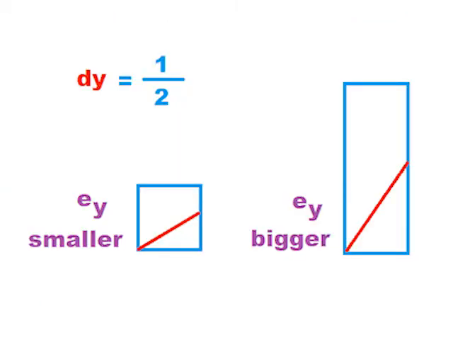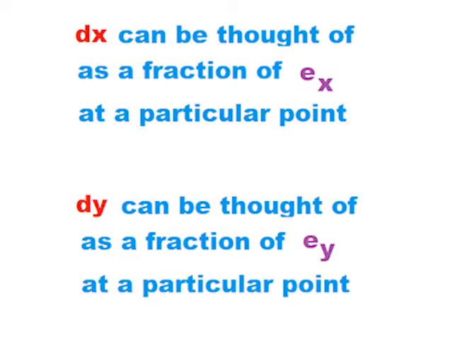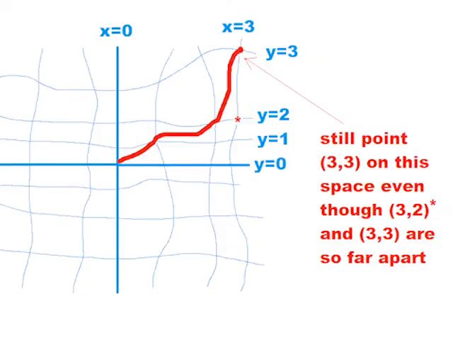So when the same dy happens across a longer space, it covers a longer distance as well. dy can be thought of as a fraction of ey at a particular point, and the same can be said for dx. We typically measure the path of the object only by using the coordinates of the space. It helps if you keep in mind that the grid lines in such a space only deal with location and no longer with distance.